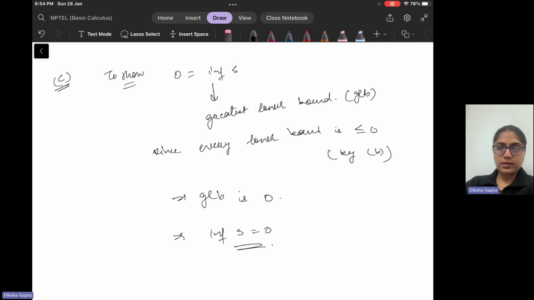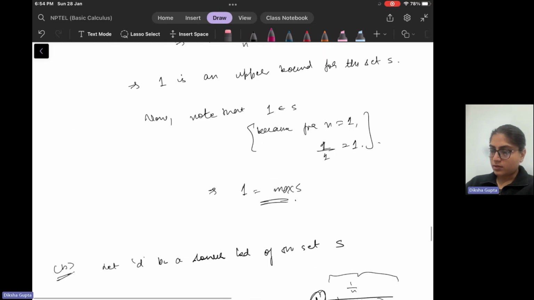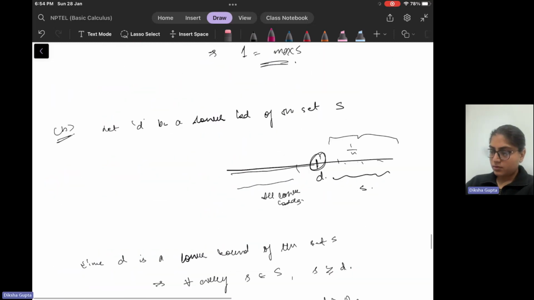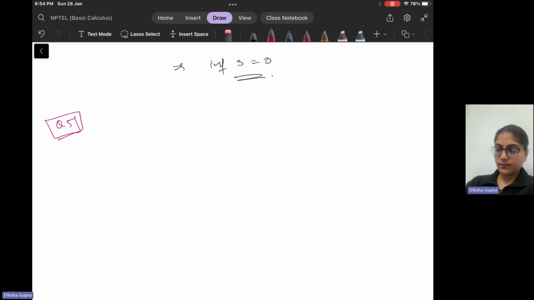Okay, so next we'll move on to discuss some questions on interior points. I'll just do an example. So this was question number 4. Interior point. So what is an interior point of a set?